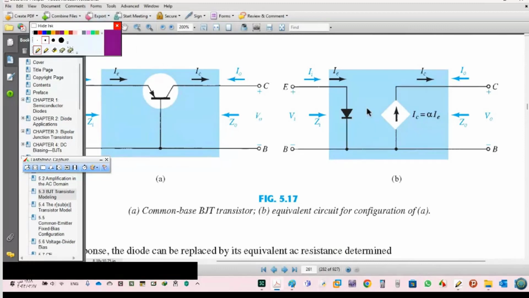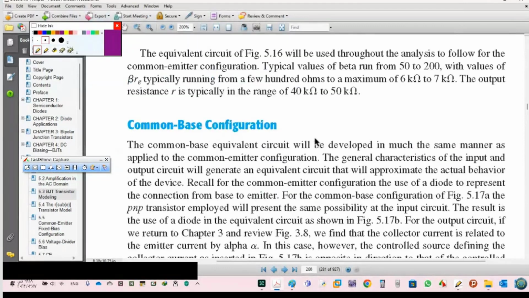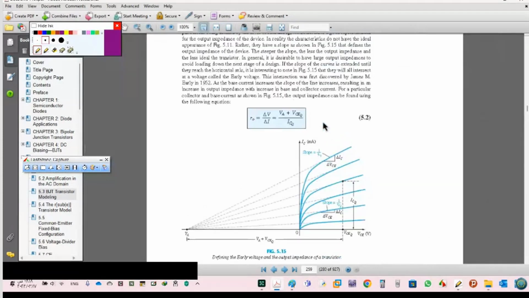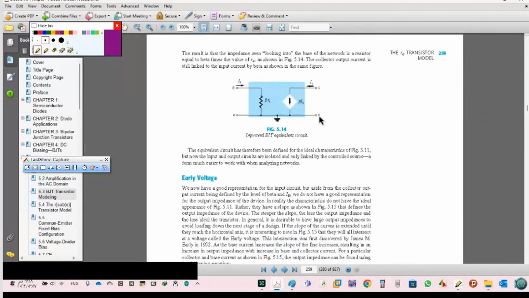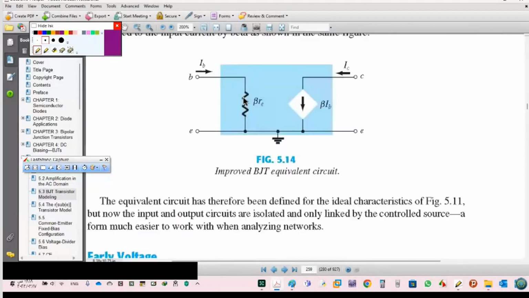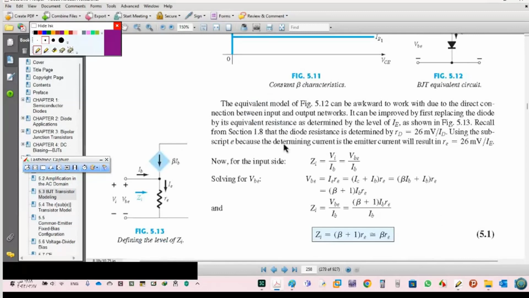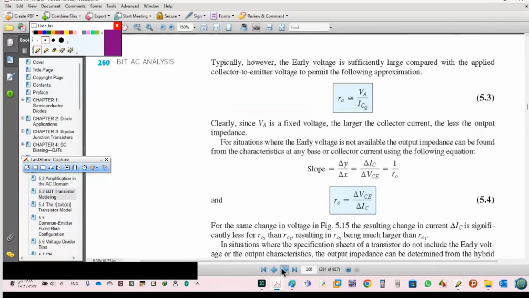Now we have this diode. We didn't solve this diode. In common emitter, it was, let's go up, sorry, here. It was your common emitter like this, beta re. We solved it like this, and we found it's beta re. Now let's see about common base.